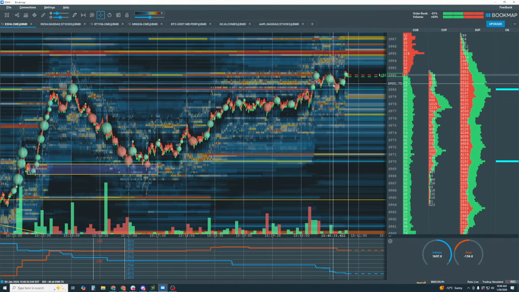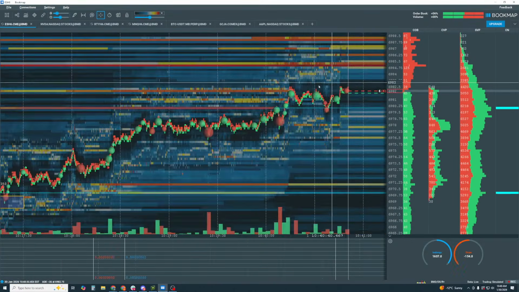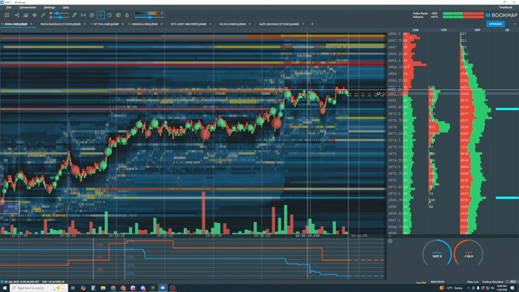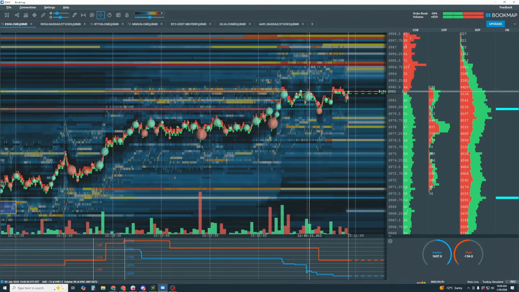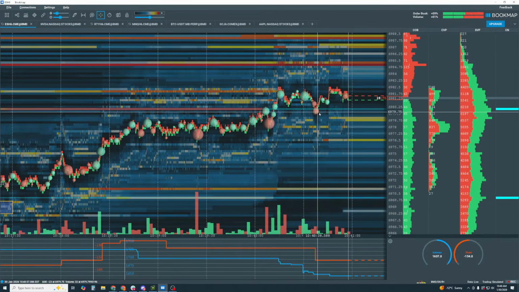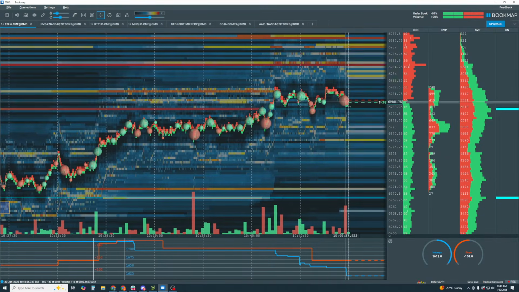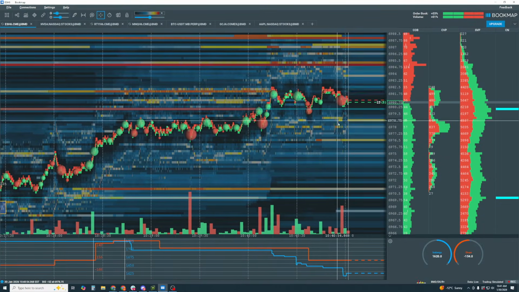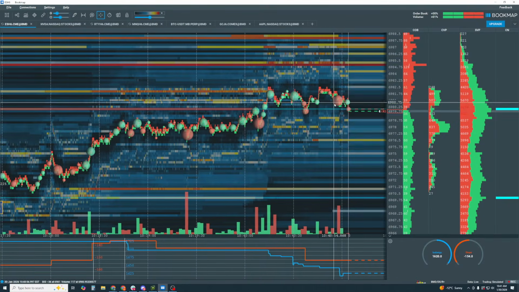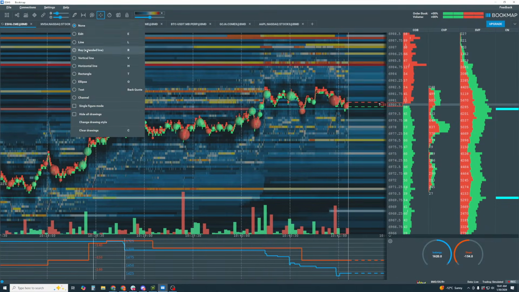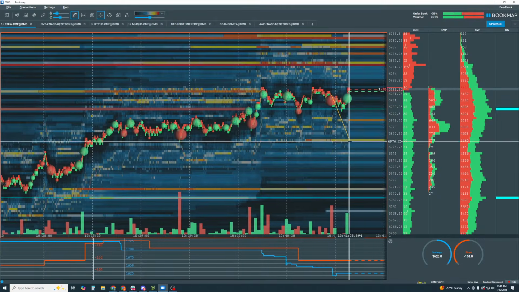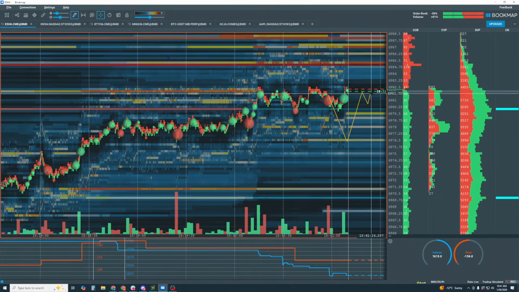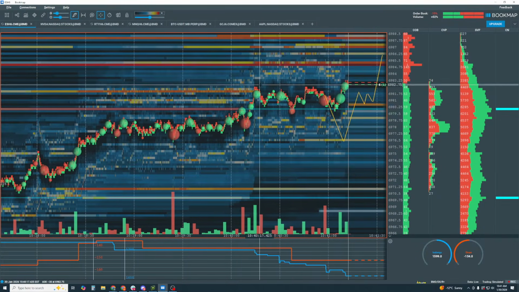Instead of getting that weak top up here, you'll see a big pullback. Then we come down low enough and we see a V. It'll do something like this, come back up, go like this, and then break out.